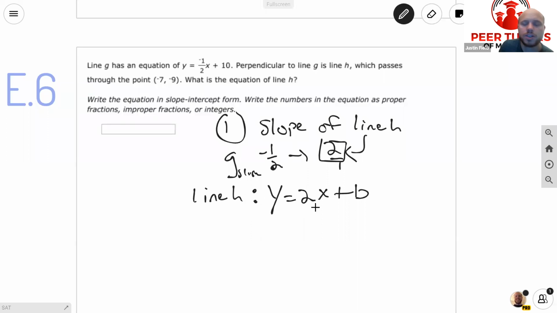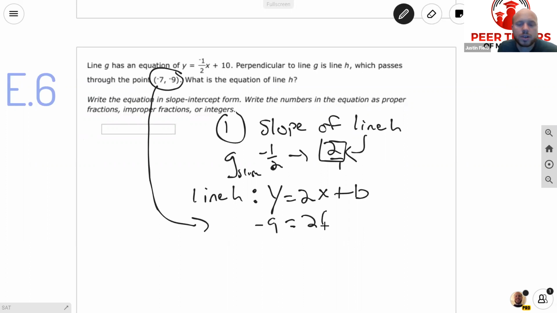We know that line H has a slope of 2. So we know that it's 2x. But now we need to know the y-intercept. But that's okay. We can do that because we know one of the points on line H. So we're going to substitute that in. -9 equals 2 times -7 plus b, and then solve. -14 plus b.